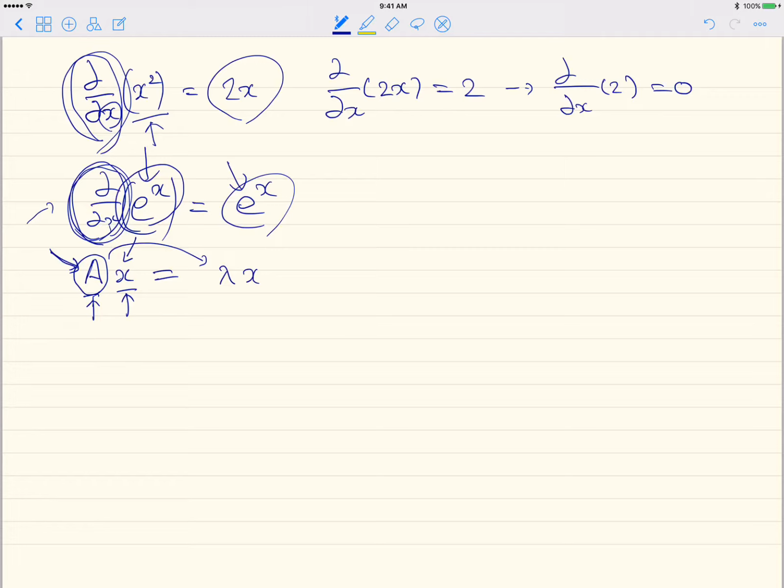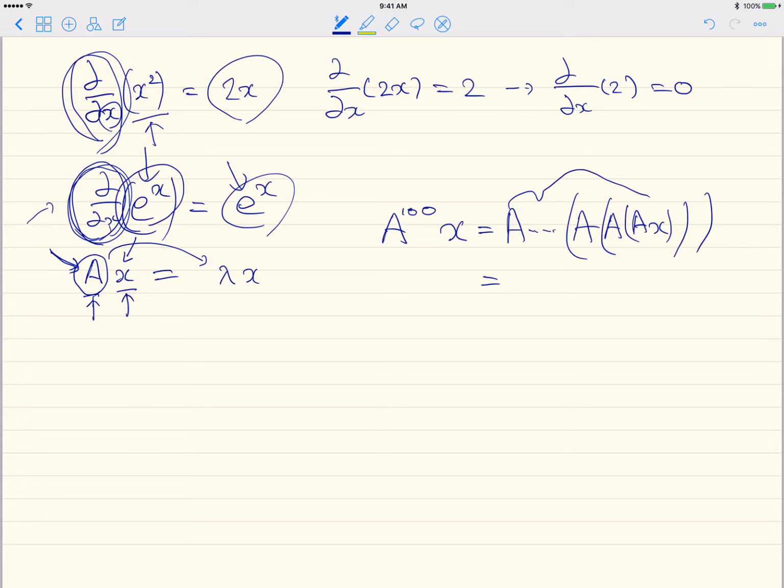So suppose this bad guy, which corresponds to the multiplication with the A. Let's think about multiplying A like 100 times and x. In this case, we first multiply A times x, and this will give us a vector, and then we keep multiplying A again, like this. So altogether, we are multiplying A 100 times, and then vector x.